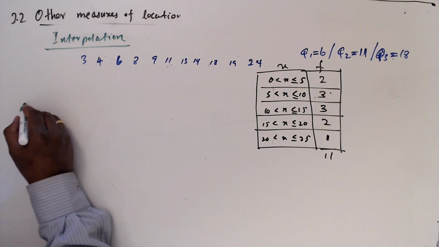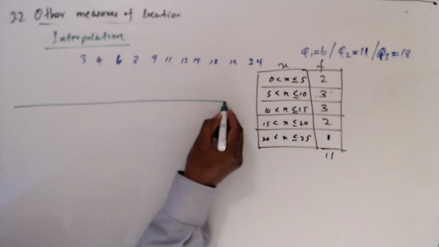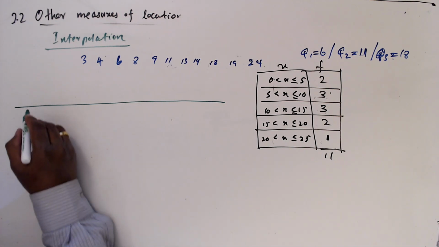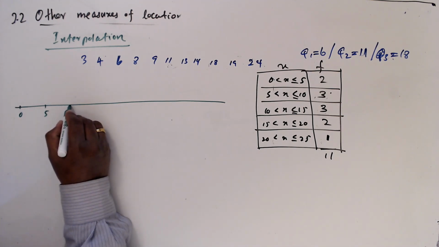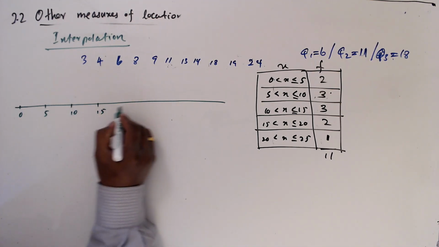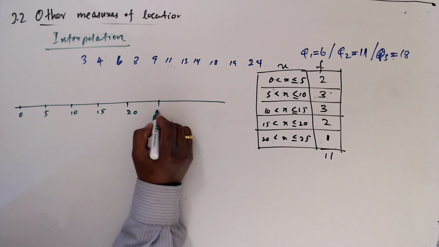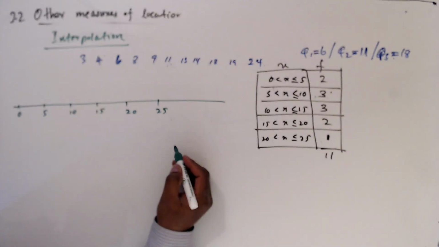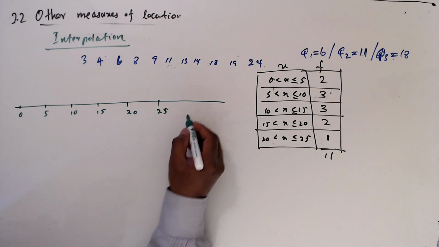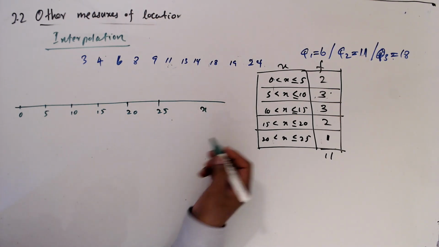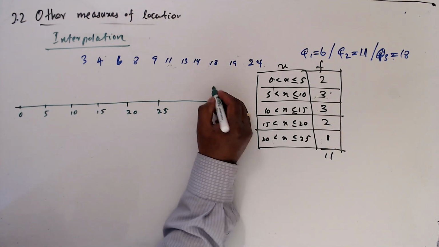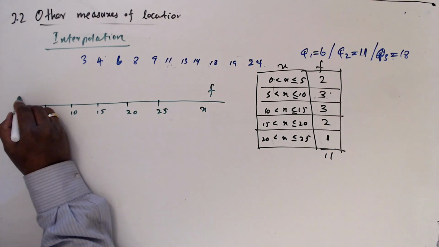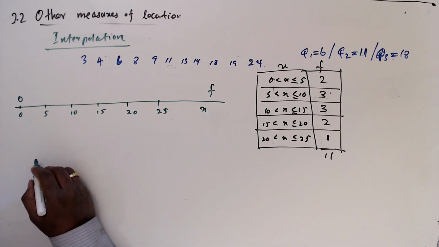Now I'm going to draw the line. Now there are two scales. One is going from 0, 5, 10, 15, 20, 25, this is x, and the other is the frequency scale. Actually I'll change the scale.